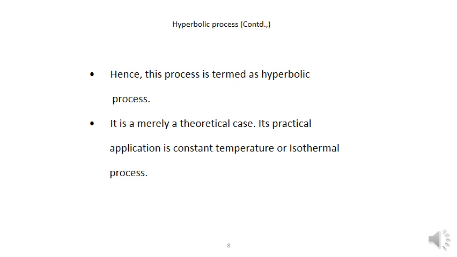So it is merely a theoretical case. Its practical application is the constant temperature or isothermal process. So I call it an isothermal process also. An isothermal process is one which takes place at constant temperature, meaning dT is equal to 0.